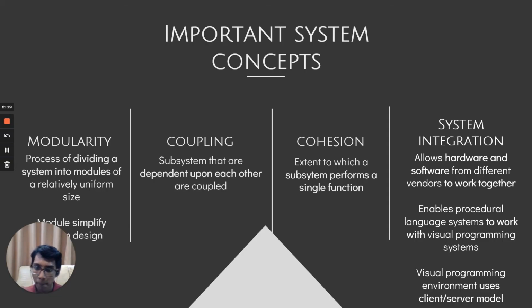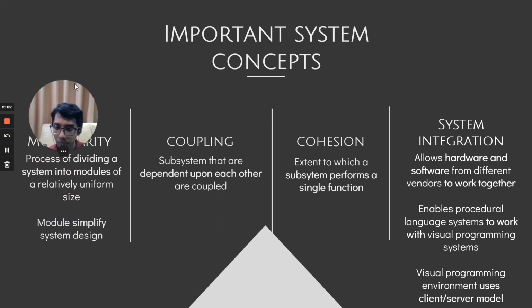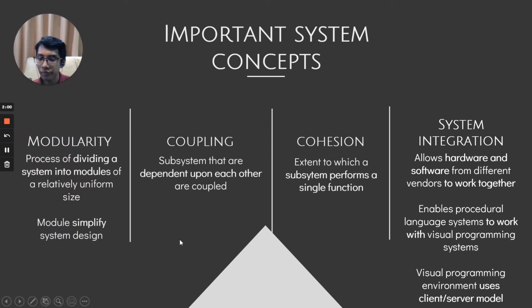Next, the second element is modularity. Modularity is a process of dividing a system into modules of a relatively uniform size. So in simple words, the modules simplify the system design.